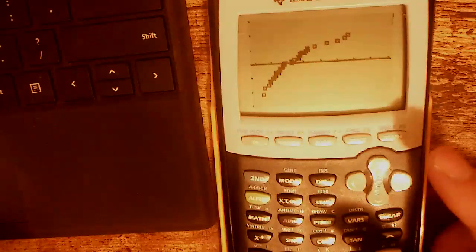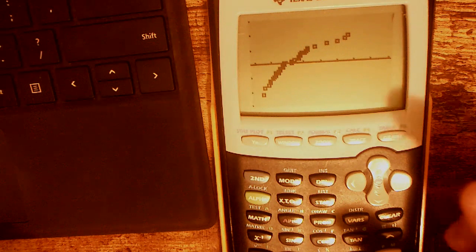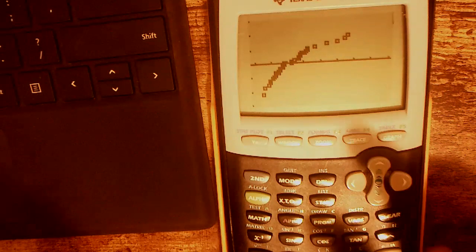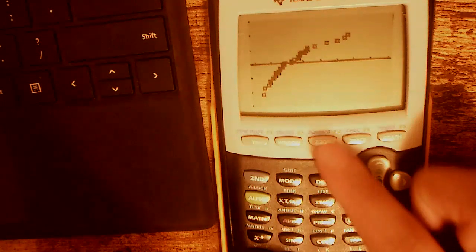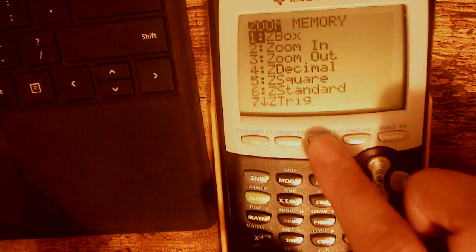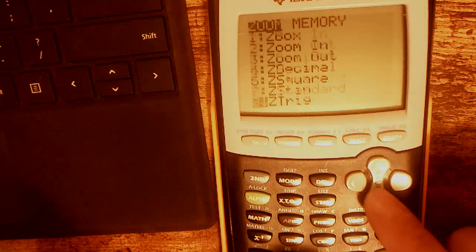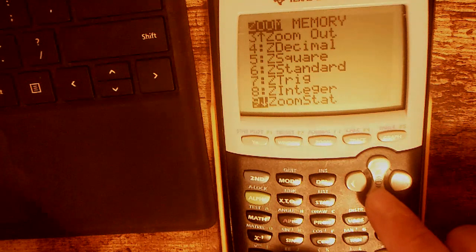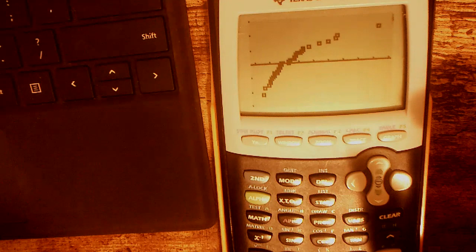You might not see the same thing as mine because I did the same thing before. If you don't see that, it's okay. All you need to do is go to zoom. Zoom is the middle key, and then go down to number 9, zoom stat. That would adjust the window for you.